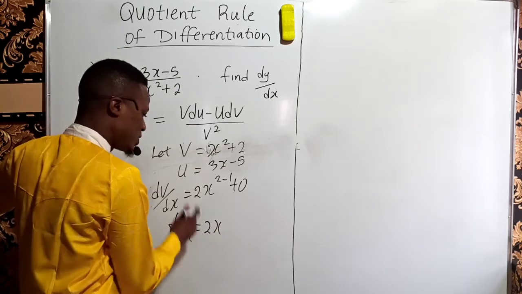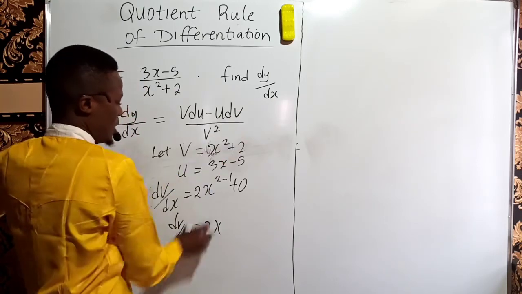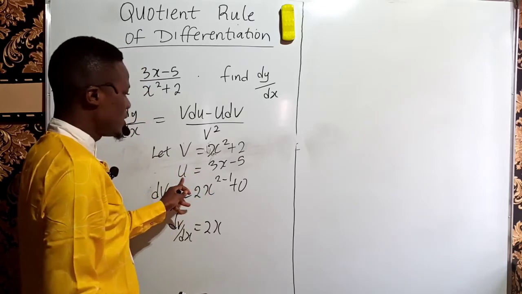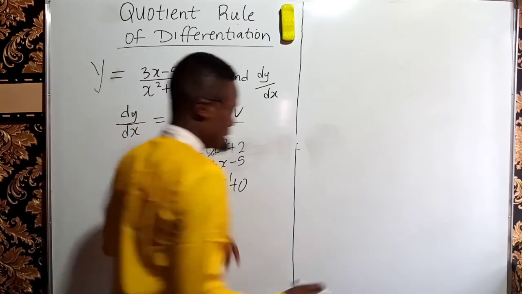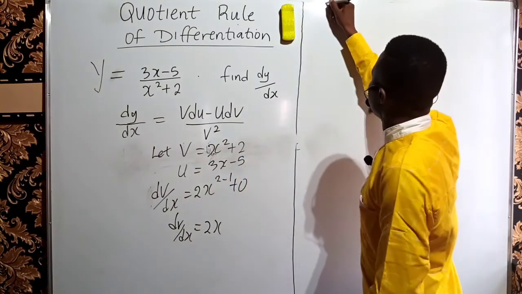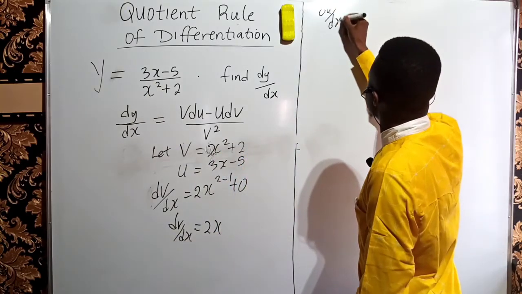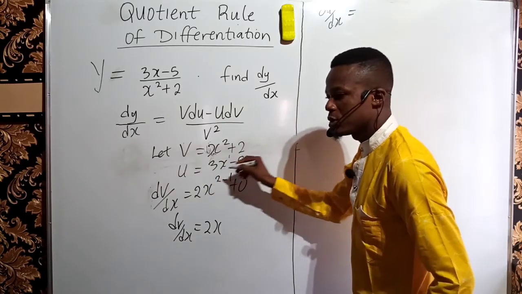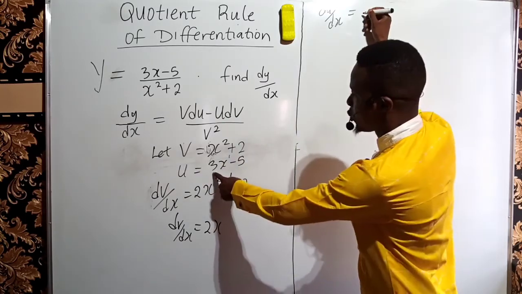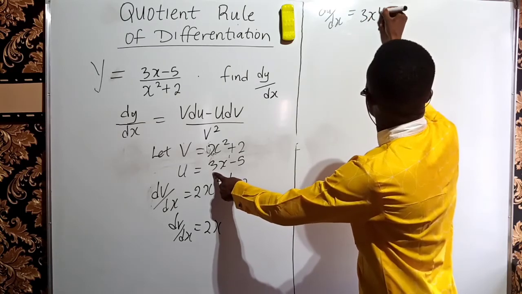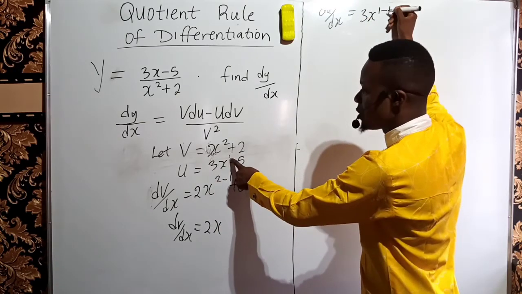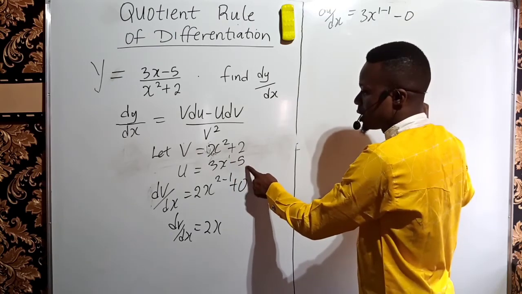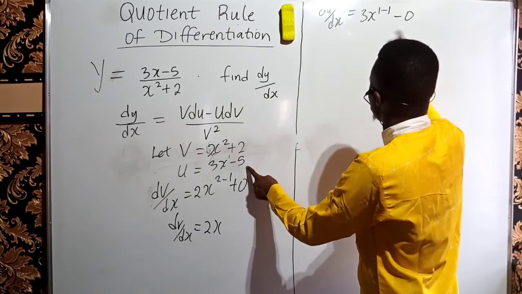Remember, this dv/dx is serving as our dv here. So let us get du/dx. That is differentiating u with respect to x. The power here is just like 1. It will come to the front. We have 3 times 1, which is 3x to the power of 1 minus 1, because you always remove 1 from the power, then minus 0, because when I differentiate a constant, I get 0.